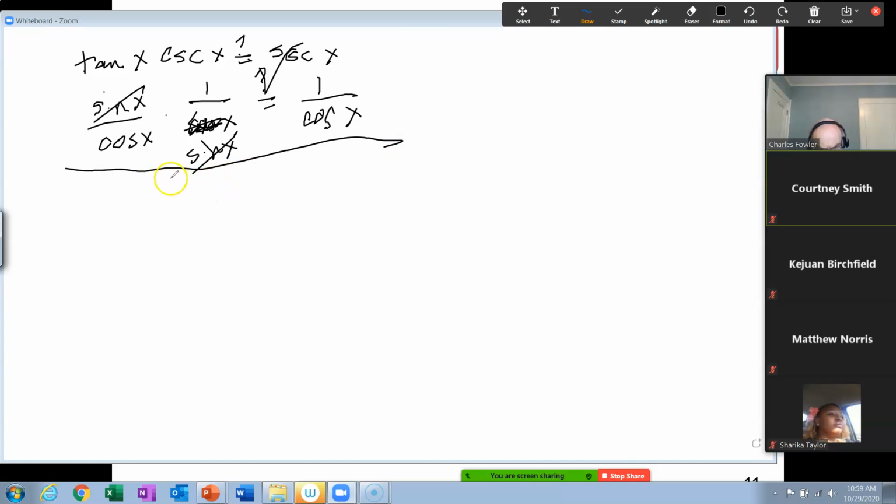The B part here says that tangent x plus cotangent x supposedly is equal to secant x times cosecant x.